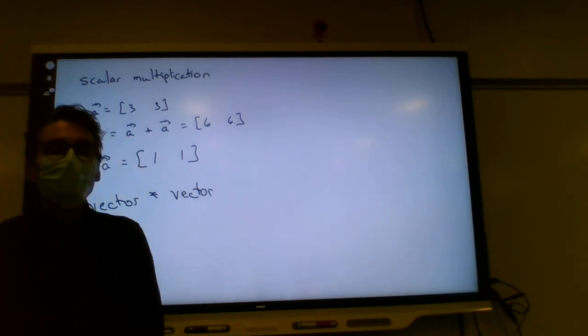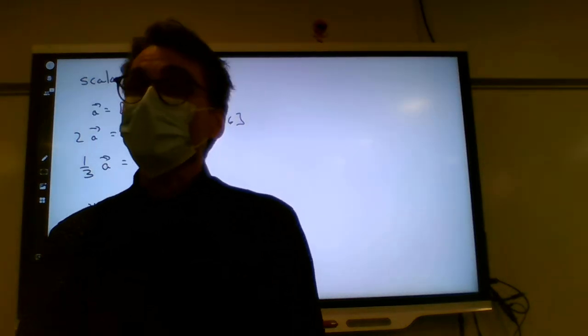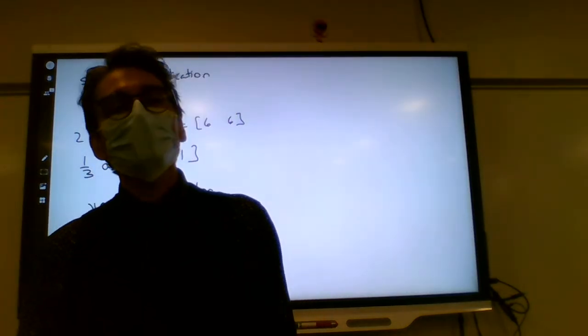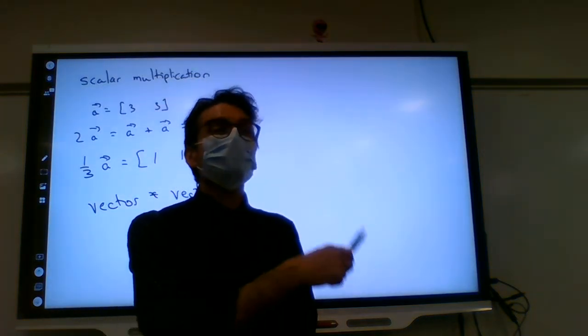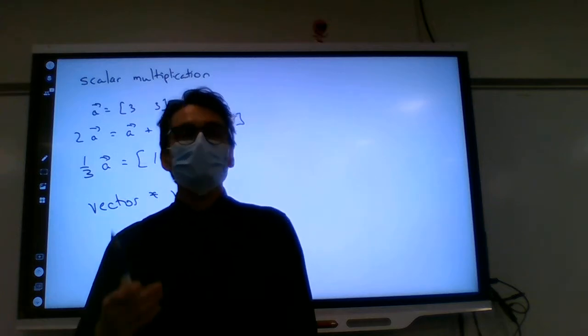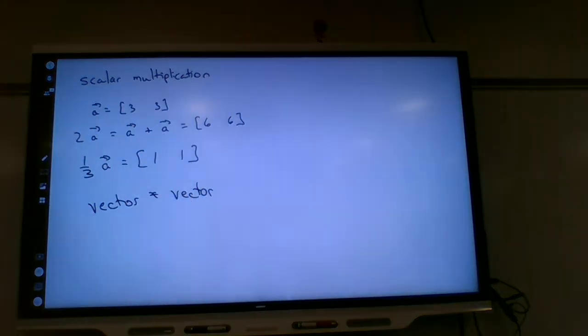And then there's another kind of multiplication that only works for 3-dimensional vectors called a cross product. We'll see it later as well. You put 2 vectors together and you get a third vector, but they have to be 3-dimensional, and there's a very specific meaning that it has.